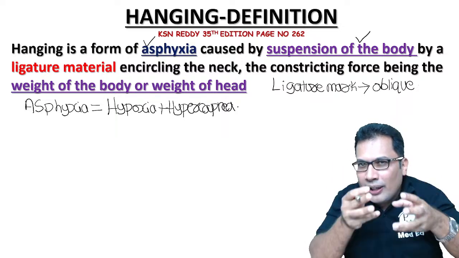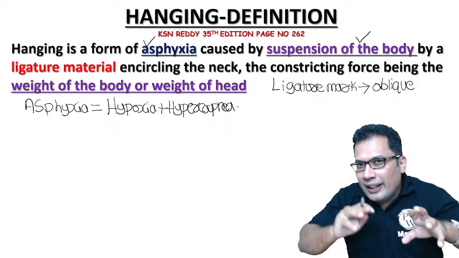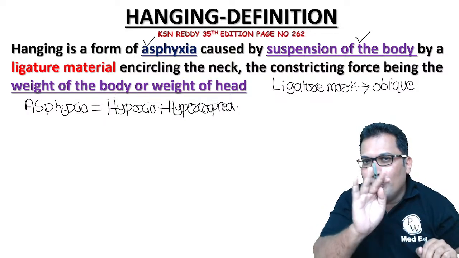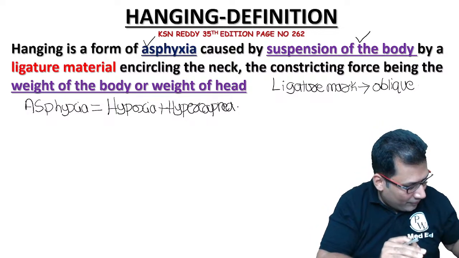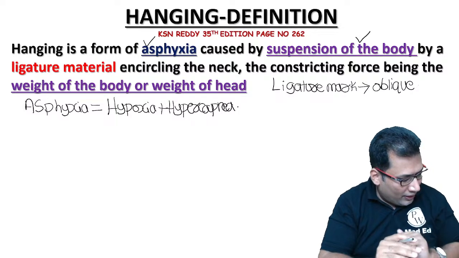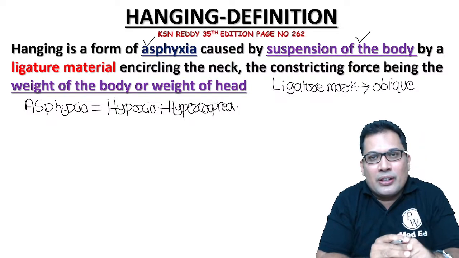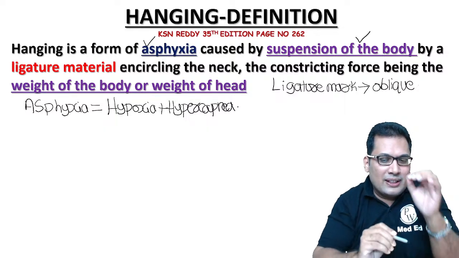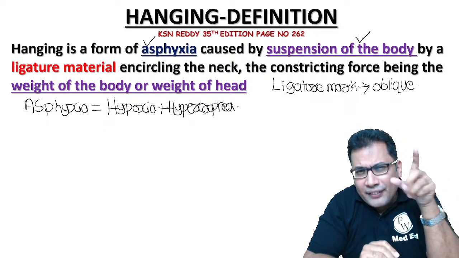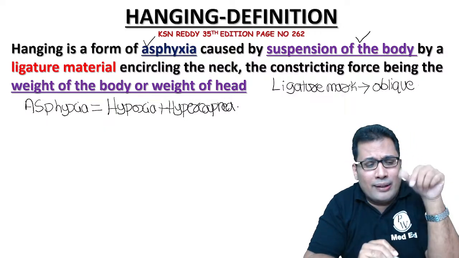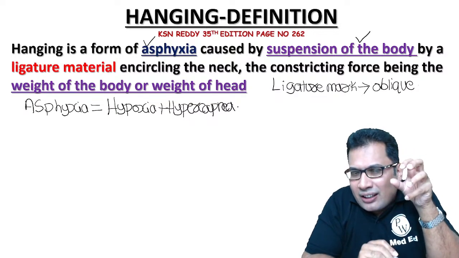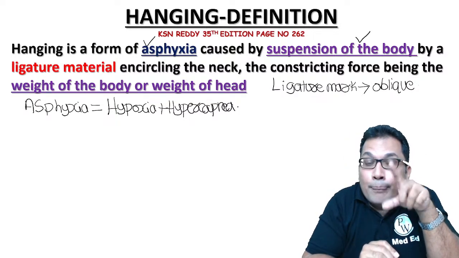What is the appearance of the ligature mark in ligature strangulation, which is usually murder? Yes, Sumana, it is transverse. Very good answer. So this is the point you must know. Then you can say one more important point here: the weight of the body is the constricting force in case of complete hanging.